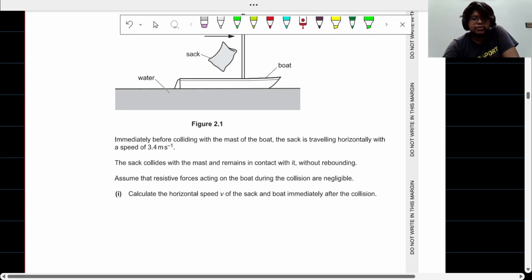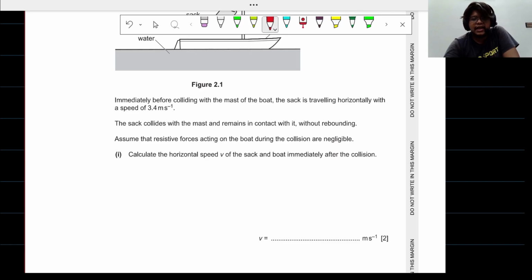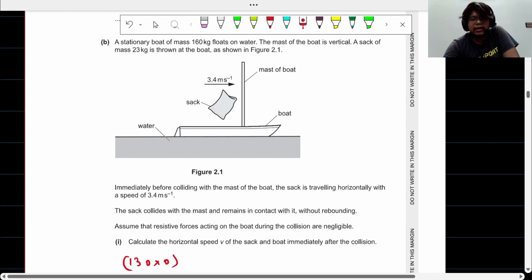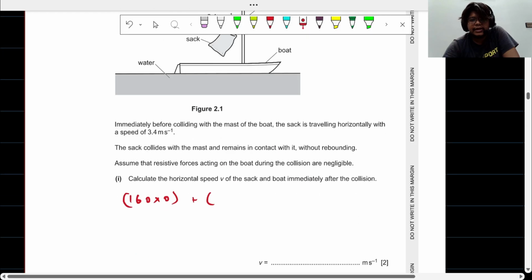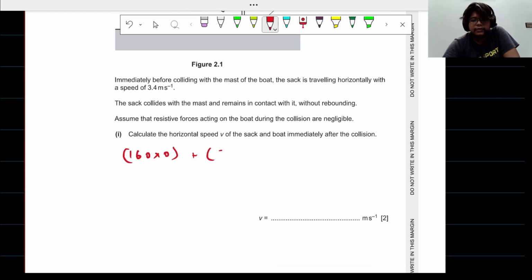The total momentum before: the boat doesn't have any velocity, so it has no momentum. The sack has a speed of 3.4, with a mass of 23 kg. So this is the total momentum before collision: 160 times 0 plus 23 times 3.4.